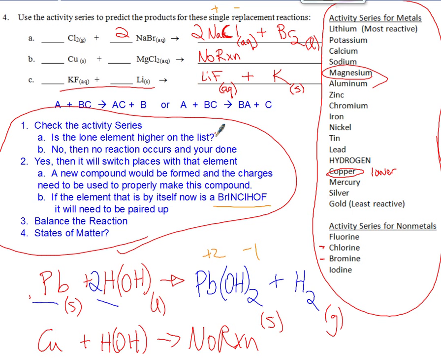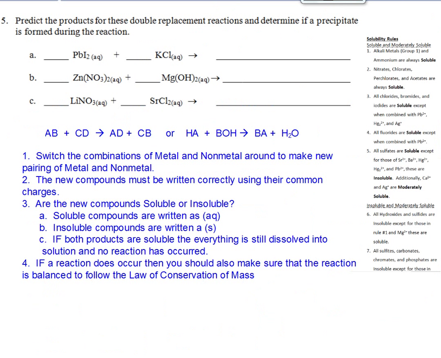All right, let's look at number 5, the double replacement reactions. So again, I wrote the general equation here. And we have to switch the combinations around. So, I'm going to just underline all the metals in red. And then the other thing's either a non-metal or a polyatomic ion. And we have to make the new pairings of compounds.